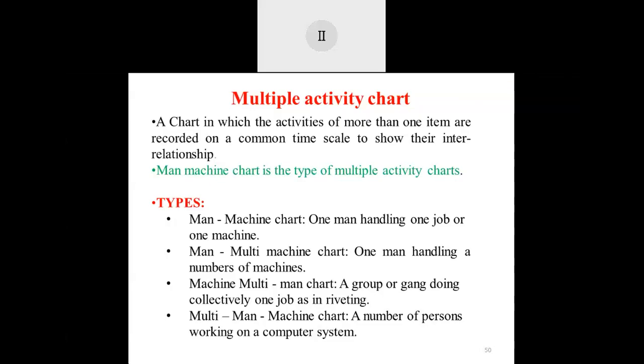So we have a group of people collectively working on a group of machines, like a computer system. So four types of multiple activity chart are available: man machine chart, man multi machine chart, machine multi man chart, then multi man machine chart.